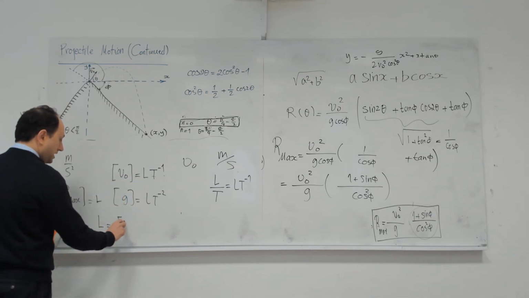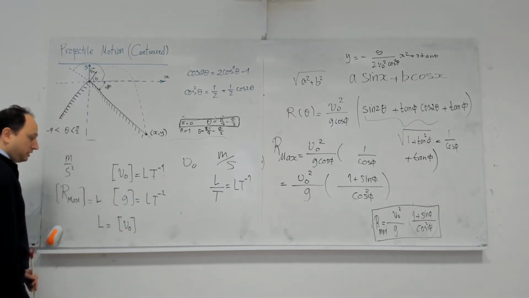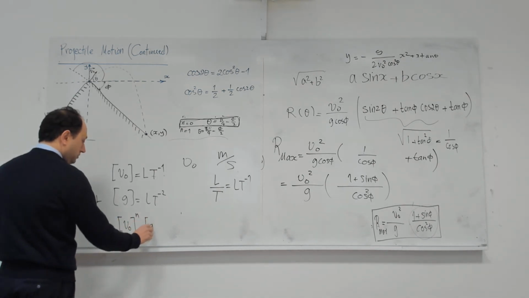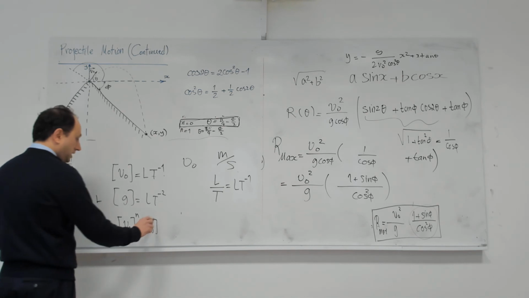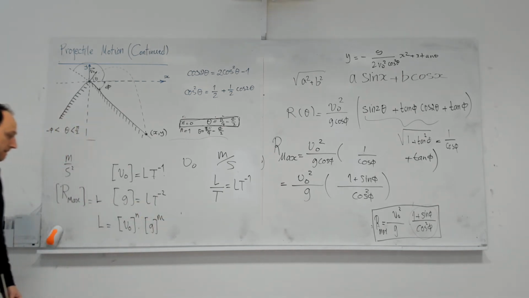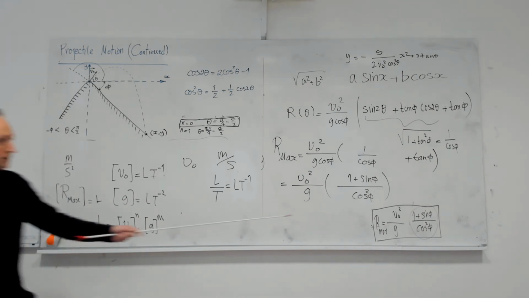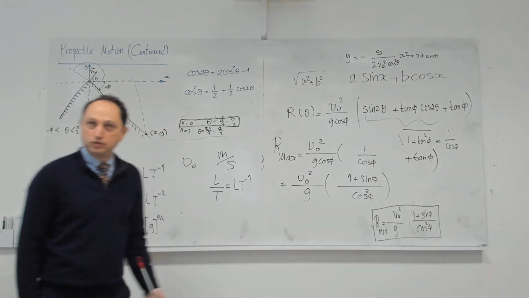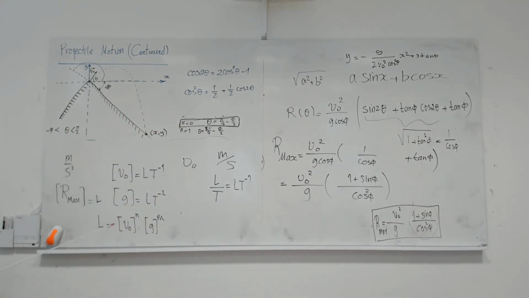We don't know, for example, how many powers of V will appear, so let me put it n, multiplied by some power of G, m. By the way, this part is dimensionless, that's just a pure number. So if I want to write range as a product of these quantities, I will have something like this.